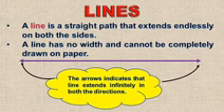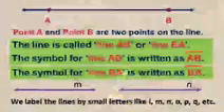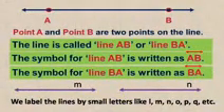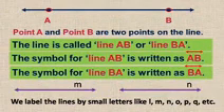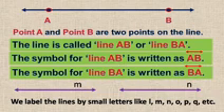The basic difference between a line and a line segment is that a line has arrows on both ends. However, there is no arrow on any end of a line segment. In this slide, point A and point B are two points on the line. The line is called line AB or line BA.